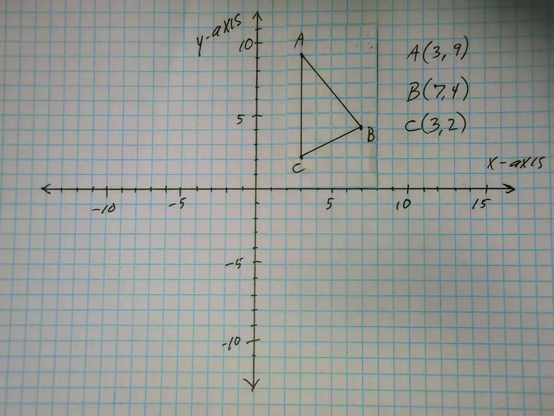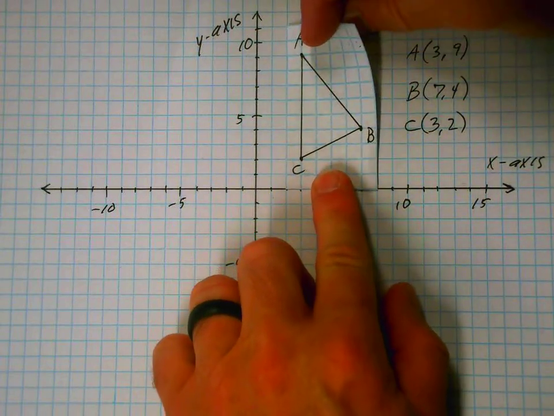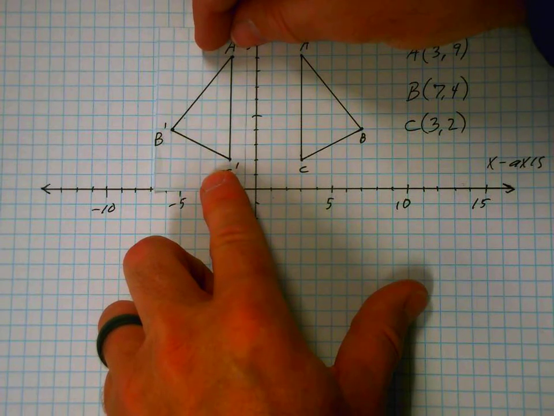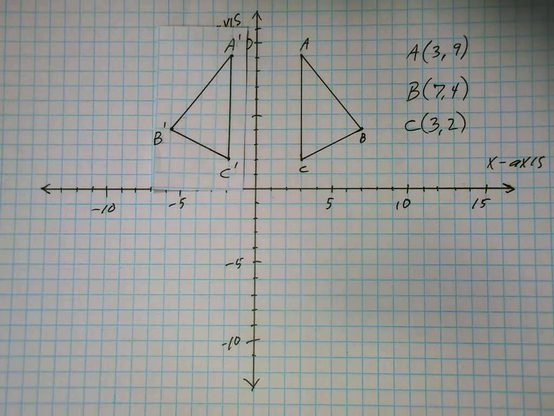Yes, very well explained. The same distance that they are now. So if I take triangle ABC and reflect it over this way, it becomes A prime, B prime, C prime.